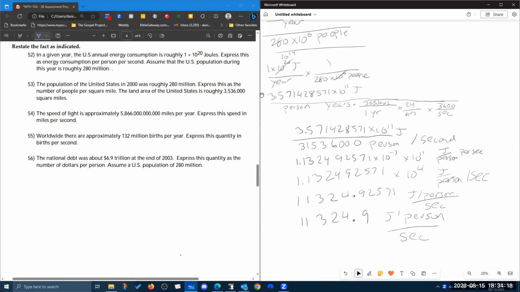So we used the scientific notation there to help us solve that problem and convert units.